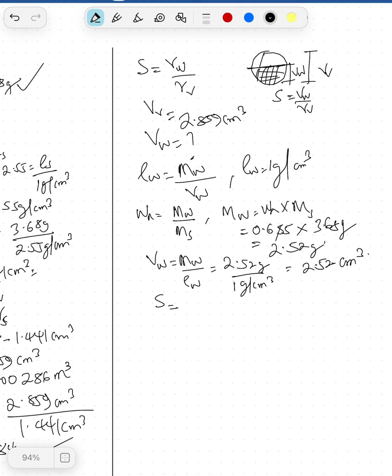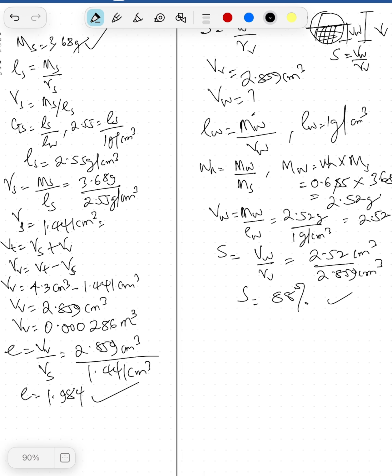So degree of saturation equals volume of water over volume of void: 2.52 cm cube over 2.859 cm cube. If you do the math, degree of saturation, usually expressed as a percentage, is 88%.